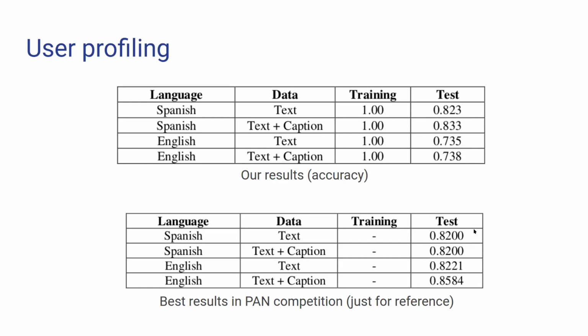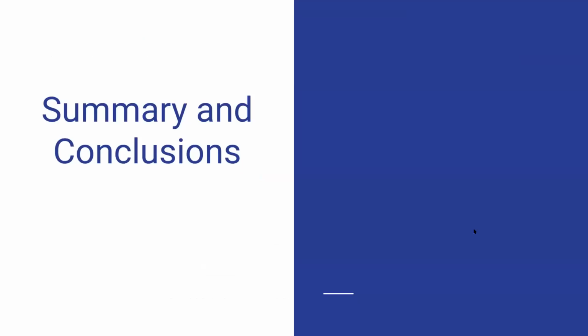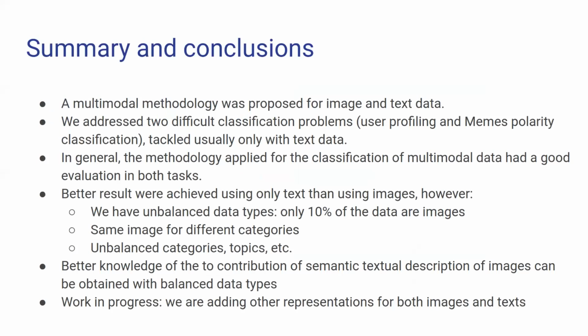Okay, so, summary and conclusions of this work. We use a multimodal methodology for image and text data, and we address two difficult classification problems which were proposed in some academic competitions. One of them was user profiling and the other memes polarity classification. And we make a comparison of the results by using just the text or by adding the information of the image.